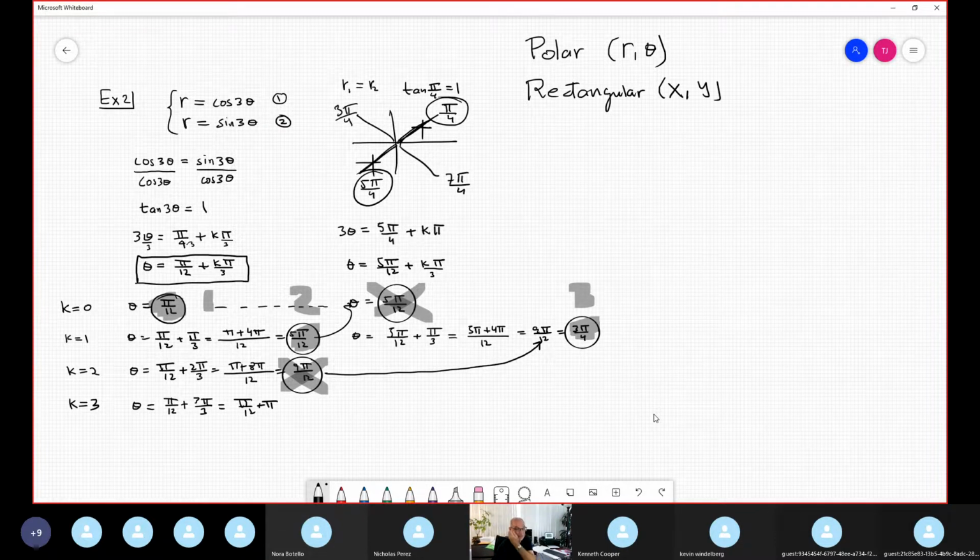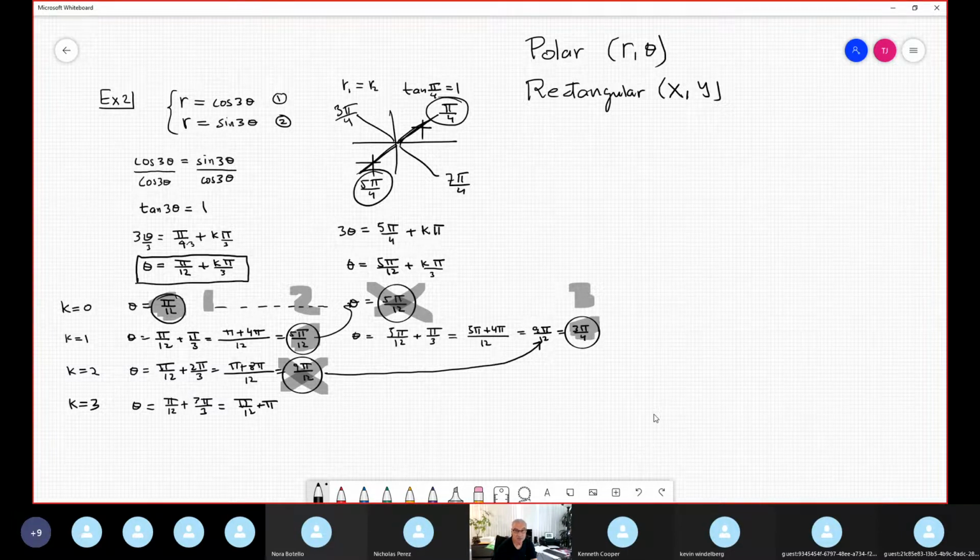You know the formulas for the conversion from polar to rectangular. Let's do it one by one. For example, the first point is theta equal pi over 12. Use substitution in either equation 1 or equation 2. I want to use equation 1 in order to find the radius.